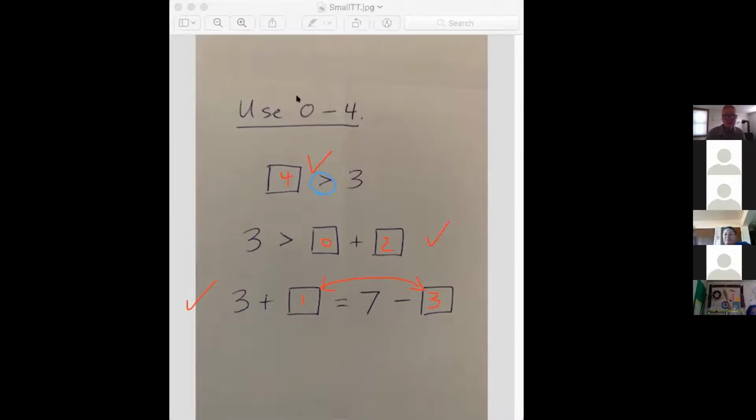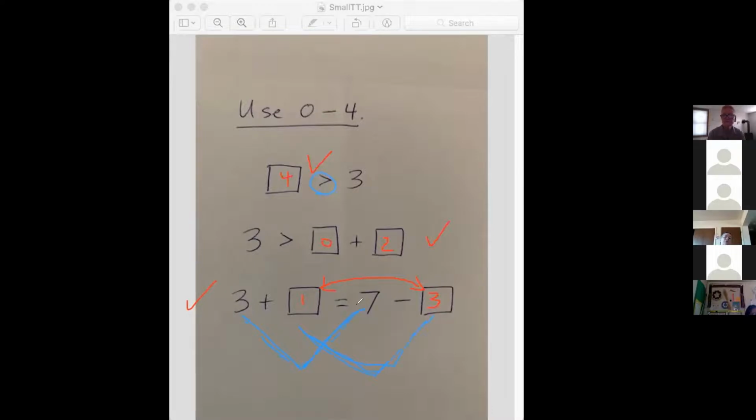Couple comments. What do you notice about these two numbers in these boxes, the 1 and the 3? What do they add up to? 4. Is there a 4 here?